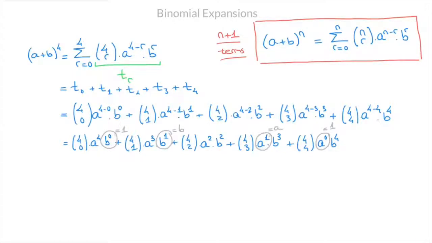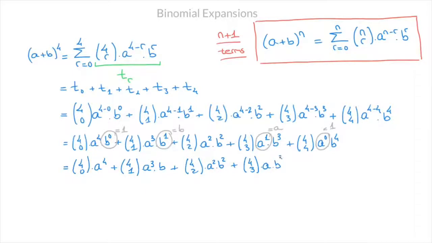Keeping all of these things in mind, we can now write the expansion as (4 choose 0) times a to the power of 4. Notice that I'm no longer writing the b to the power of 0, plus (4 choose 1) times a to the power of 3 times b, plus (4 choose 2) times a to the power of 2 times b to the power of 2, plus (4 choose 3) times a times b to the power of 3.